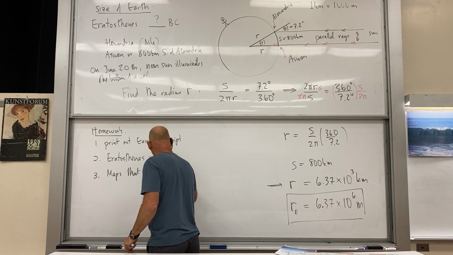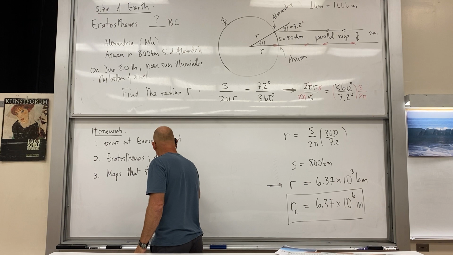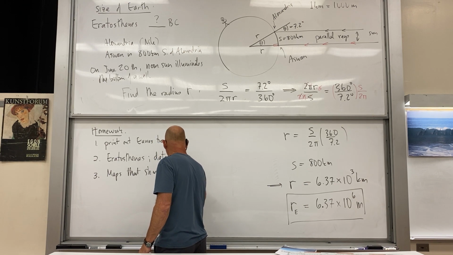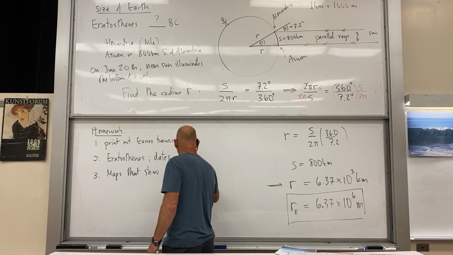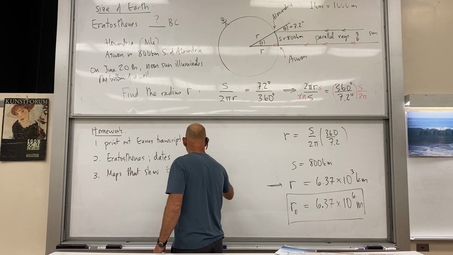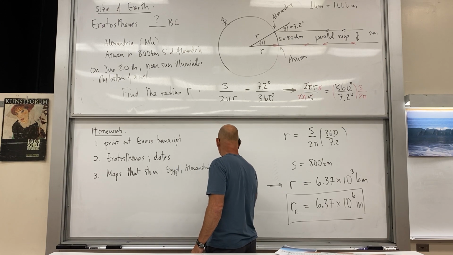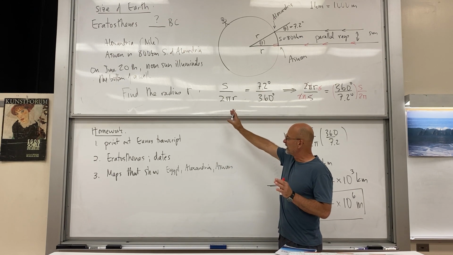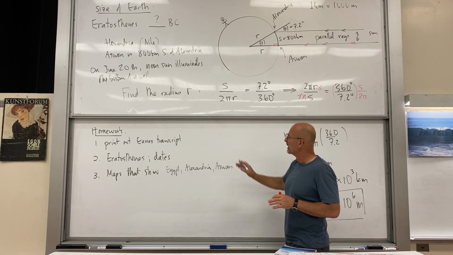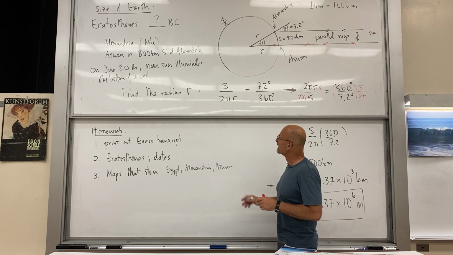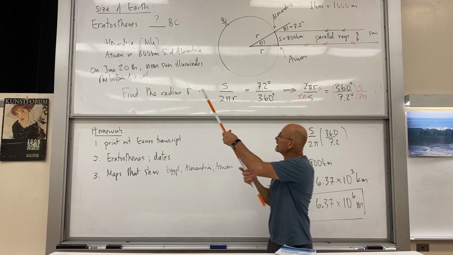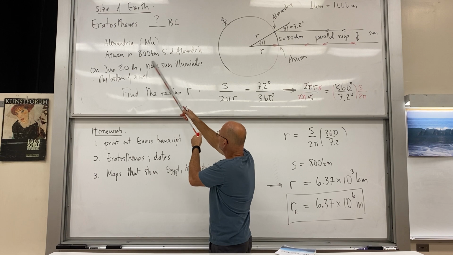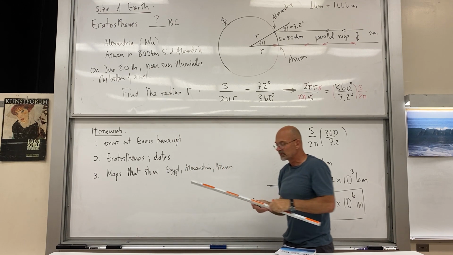That show, I'll just write Egypt, Alexandria, Aswan, so that will illustrate where this was done and how these various lengths go. Maybe you could even try to get that off of your map, that distance between those two cities.